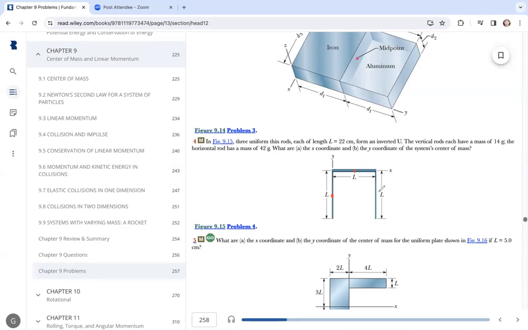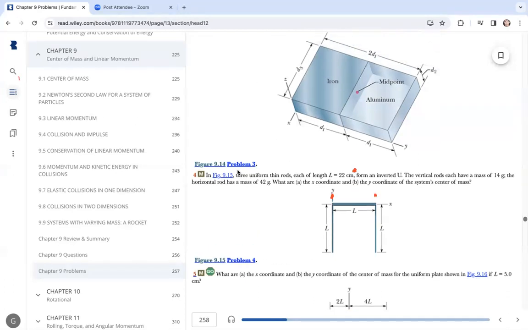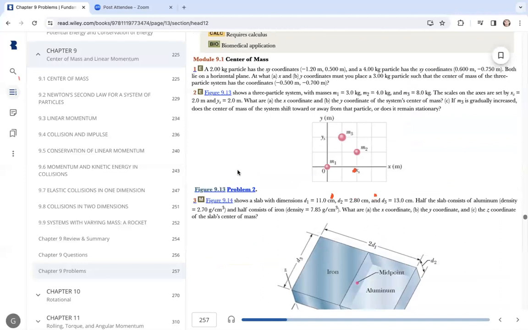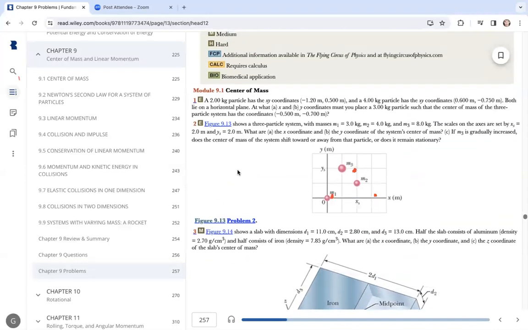So you could treat this just like the previous problem of 3 point masses, just like we did this problem here. Ignore the dots that I drew; this was just 3 point masses.